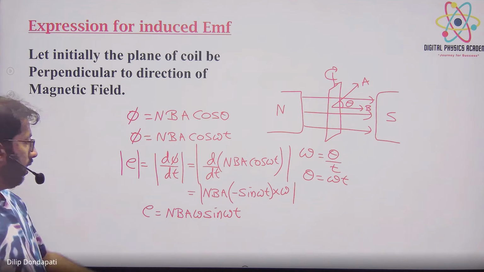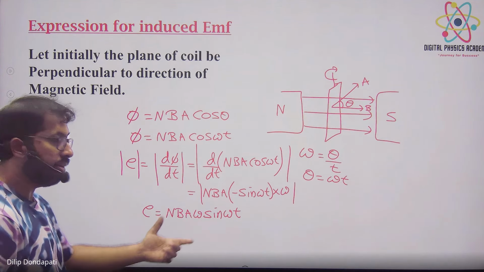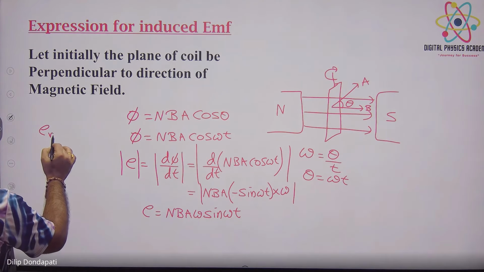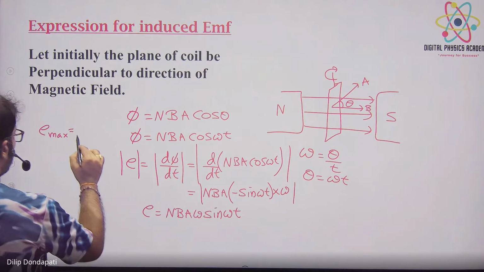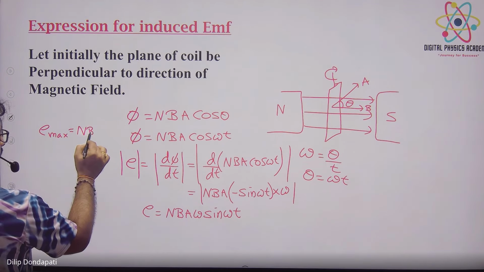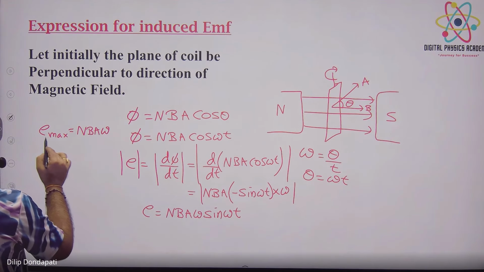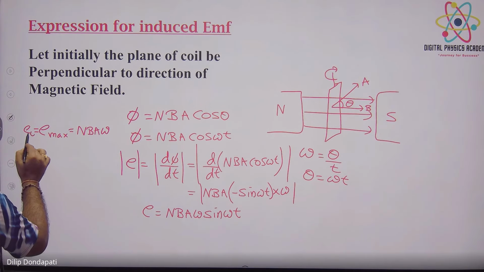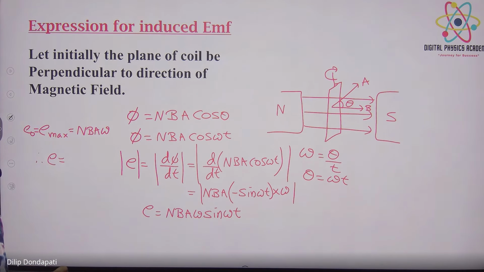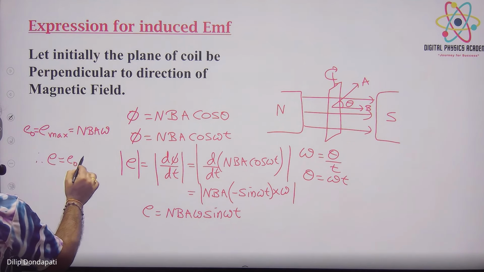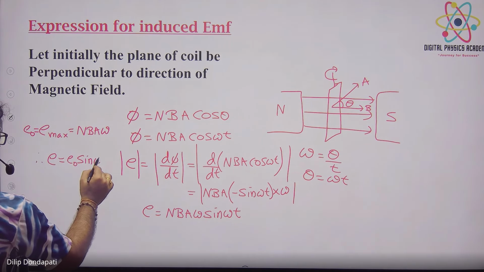Right? Okay. What is the maximum EMF induced? E maximum will be when the sin value is 1. Replace it with 1. So what is the maximum value? NBA omega. And this maximum value I call E naught. Therefore the EMF induced when a coil rotates is E naught sin omega t.